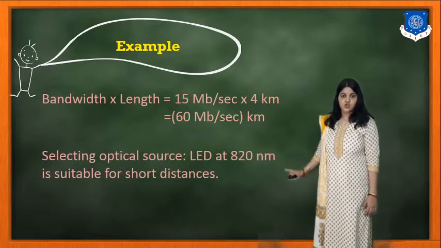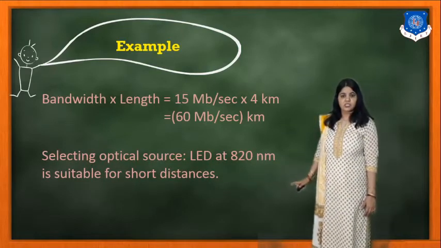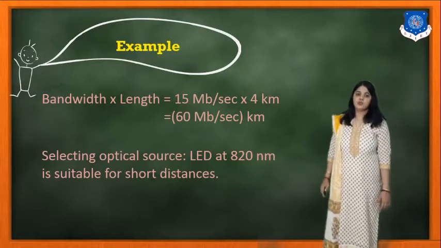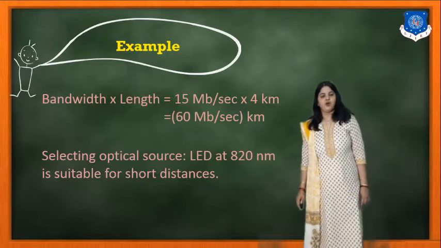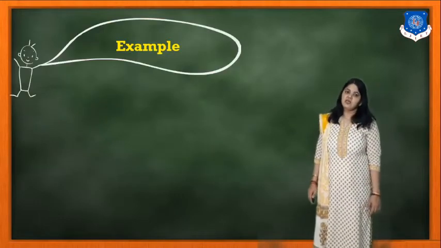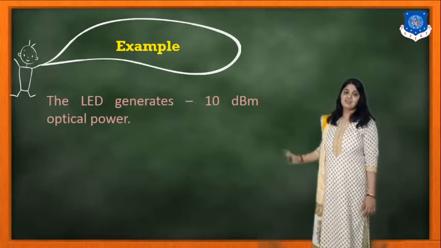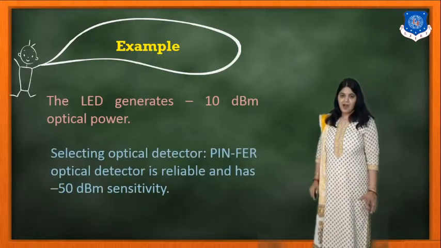So 60 megabits per second kilometer. Selecting the optical source: which optical source are we selecting according to the previous data? The LED at 820 nanometer is suitable for short distances. This LED generates minus 10 dBm optical power.